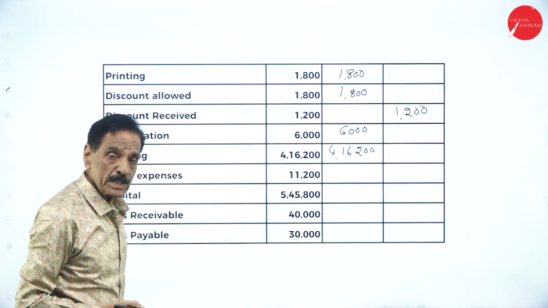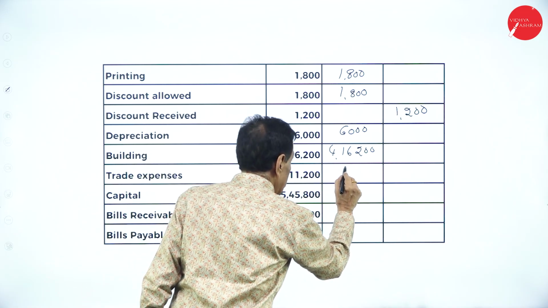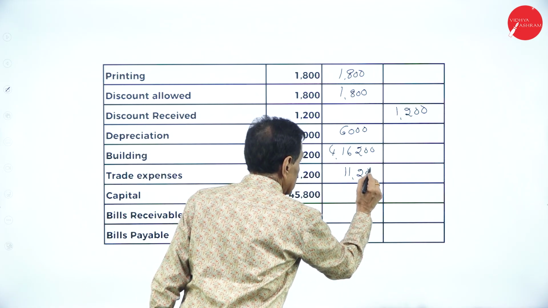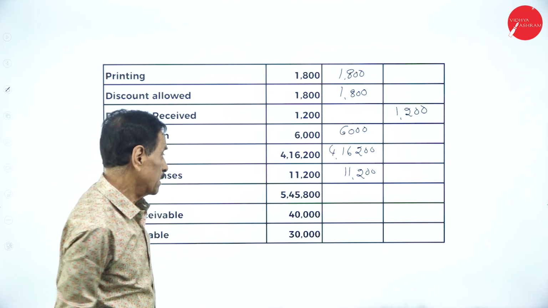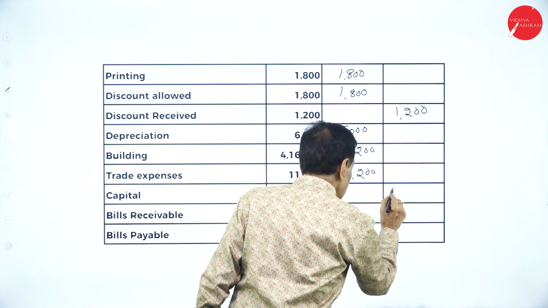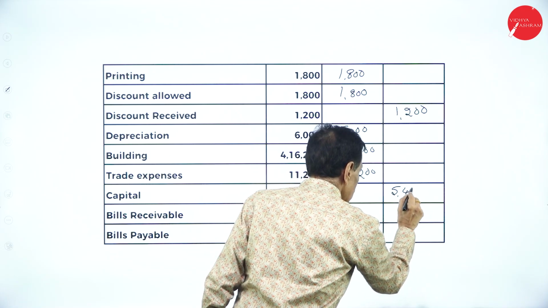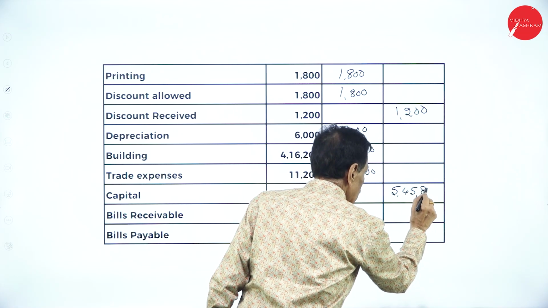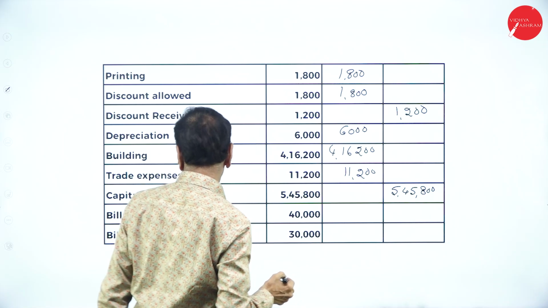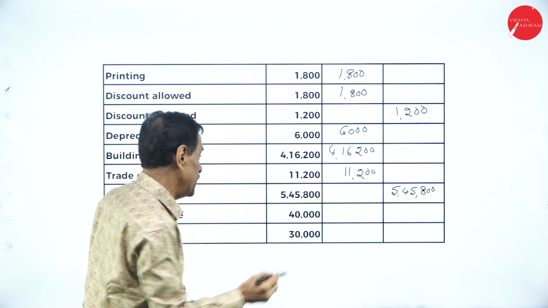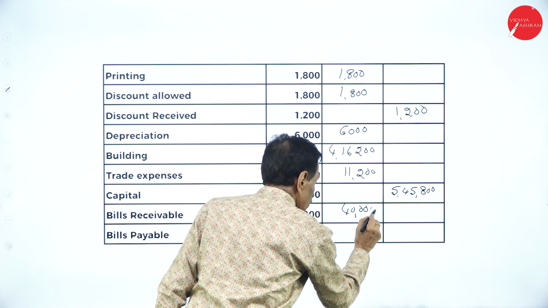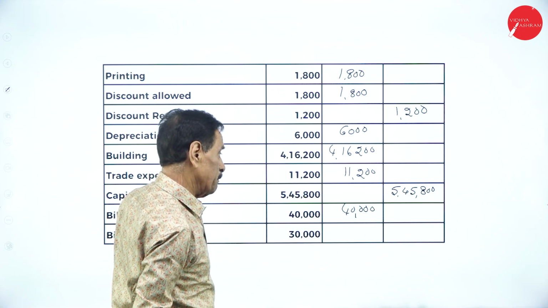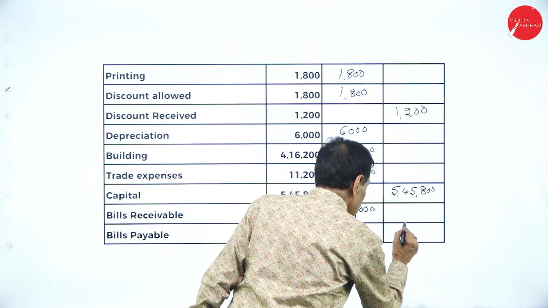Trade expenses, expenditure, debit side. Capital, liability item, credit side. Then bills receivable, asset, debit side. Bills payable, liability item, credit side.